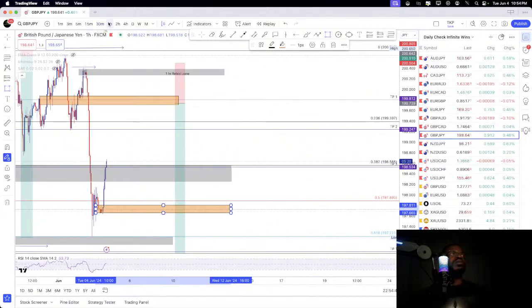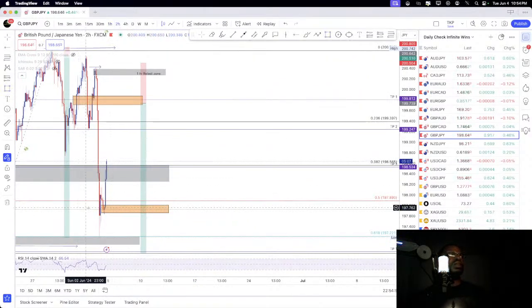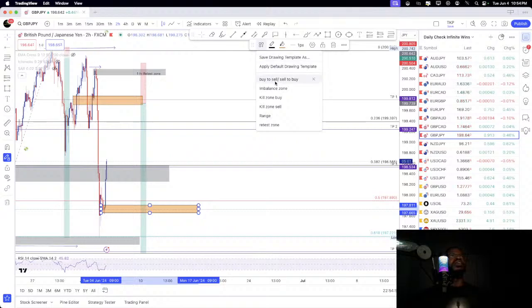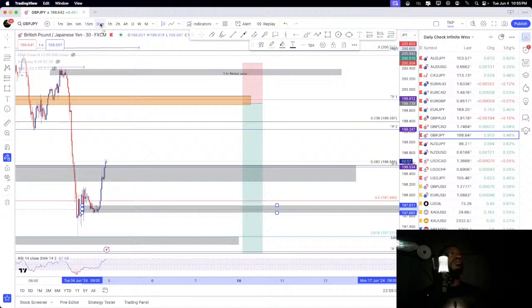There's also one on the hour. There is also one, I believe, on the 2 hour as well. Yep, 2 hour as well. So let's see if this area will be retested. And if so, we'll take the buy.